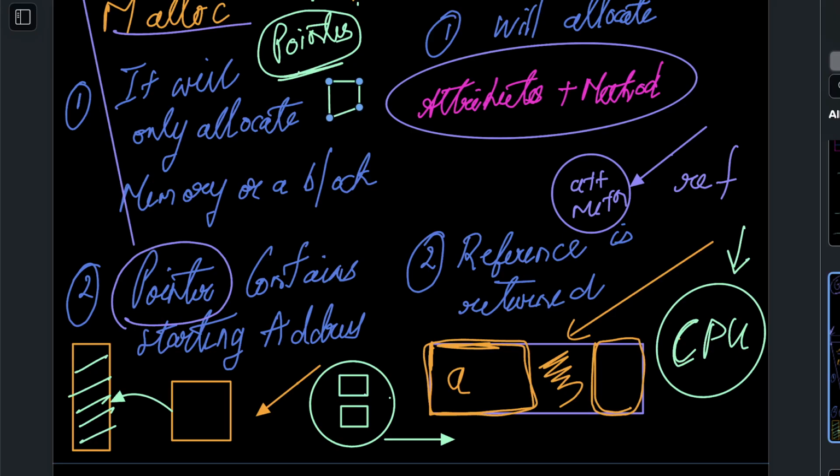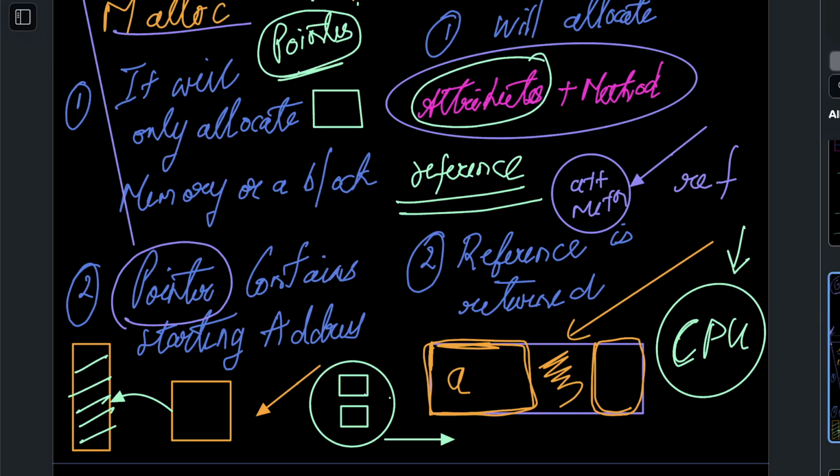But this is not true for objects. Instead, what happens for objects is we create a reference. We have a reference for the block, and the block returns a reference, and it is allocating memory to the attributes and the methods present inside it.